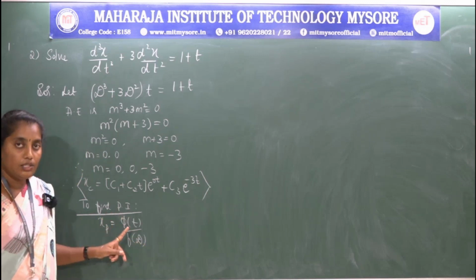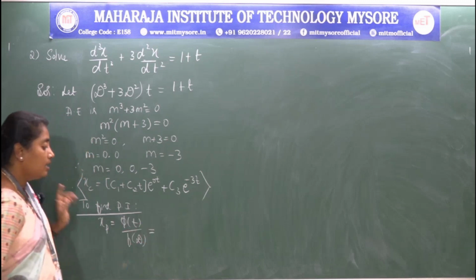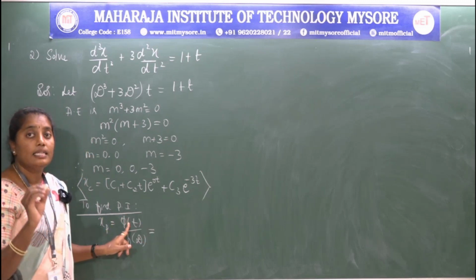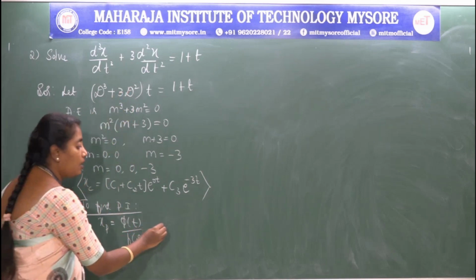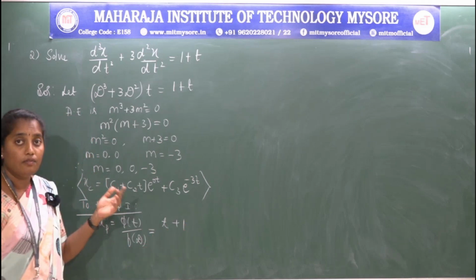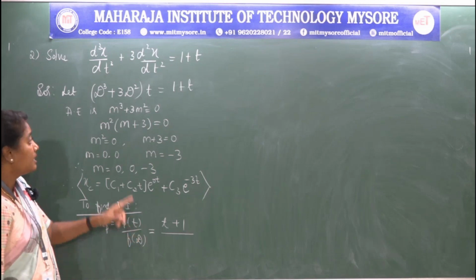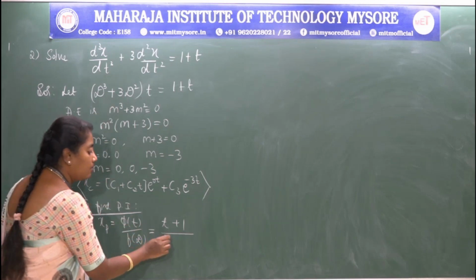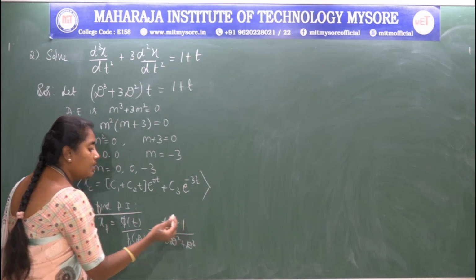To divide these two and get the particular integral, we have to write phi of t as descending powers of t. Descending powers means first we write t power 1 and the constant term, that is t to the power of 0, divided by ascending powers of d. Ascending powers of d means first we write 3 times d square plus d cube.